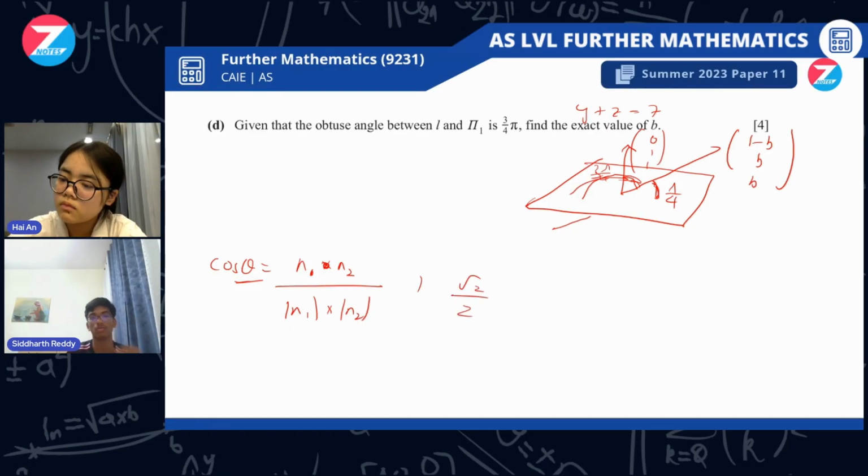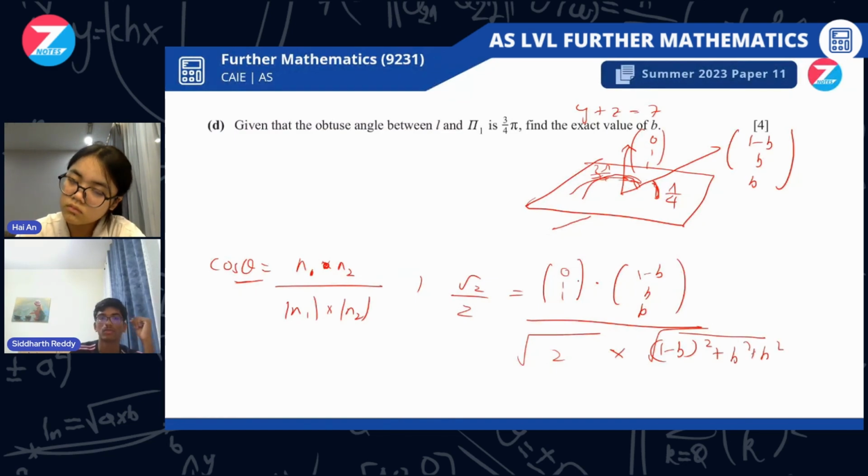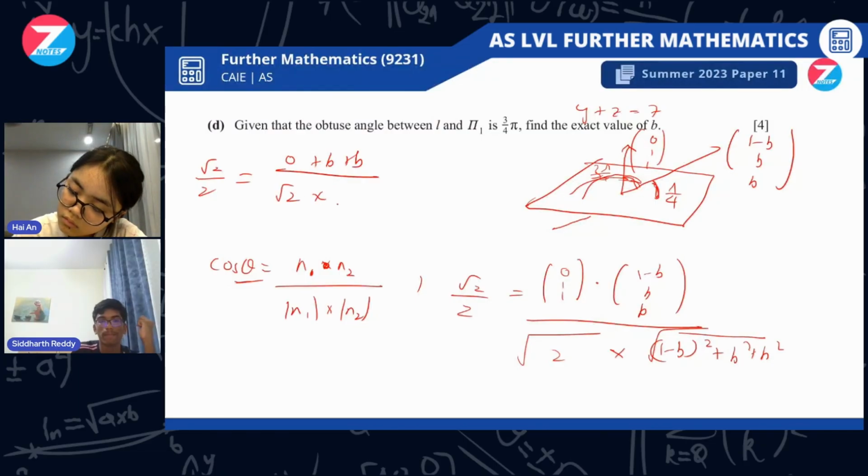So we have (0, 1, 1) dot (1, 0, minus b) divided by the magnitudes. The square root of 0, 1, 1 is just root 2, into the square root of 1 minus b whole square plus b square plus b square. So we have root 2 by 2 is equal to 0 into 1 plus 0 plus b divided by root 2 into the square root of 1 minus b square plus 2b square.